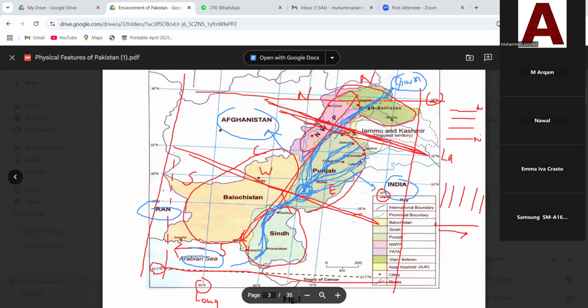When we talk about topography, guys, topography means landforms, how the land is: mountains, valleys, ridges, plain areas, plateaus. Generally, the northern areas of Pakistan are mountain regions, so the topography over here is all mountains.